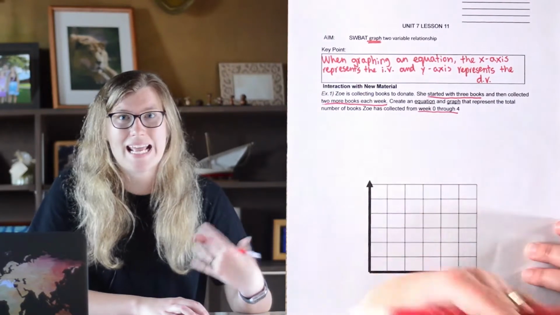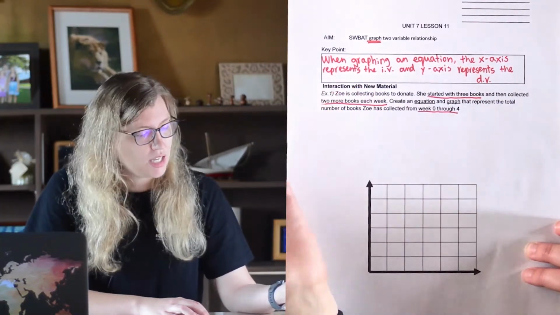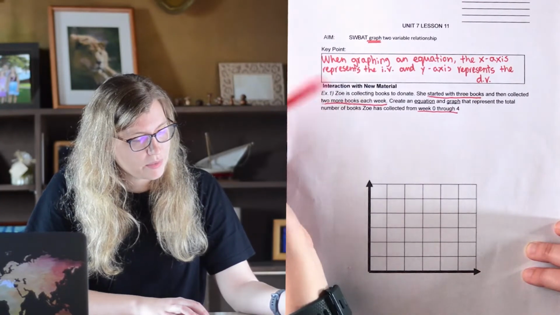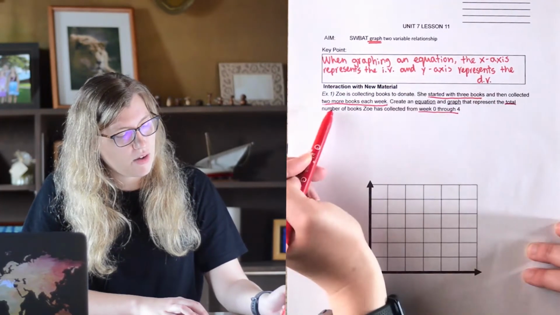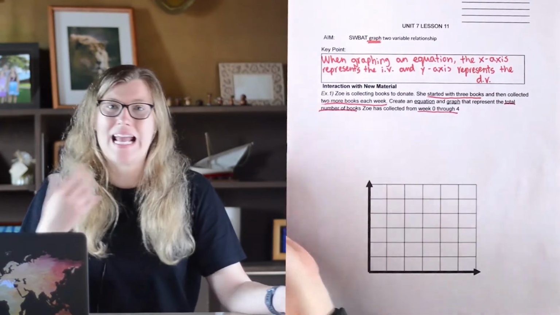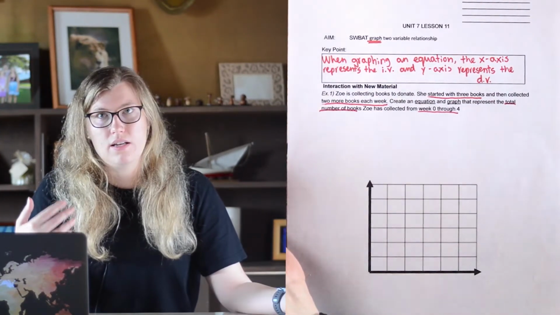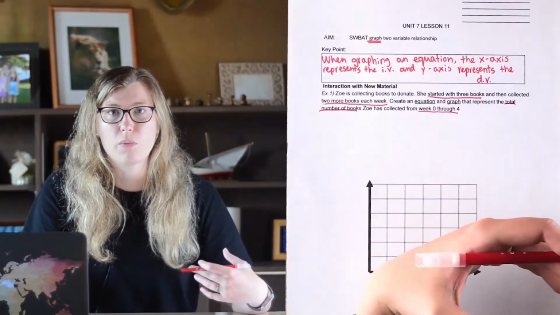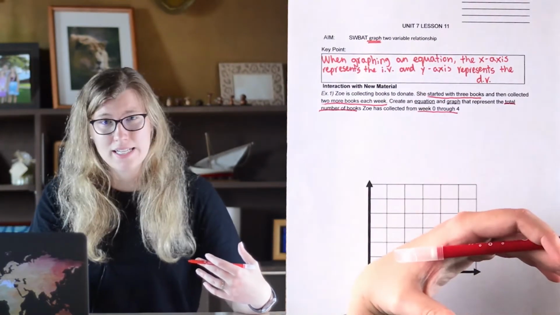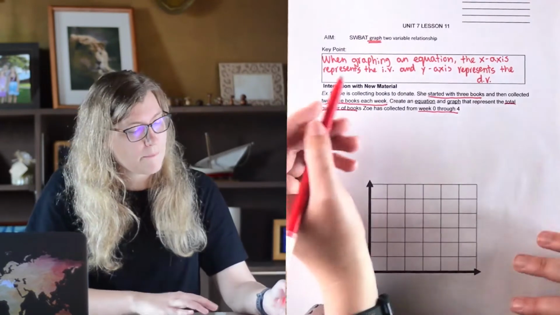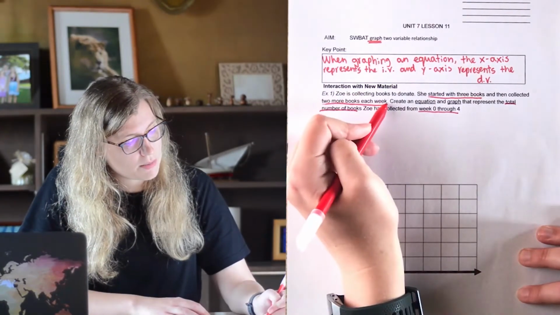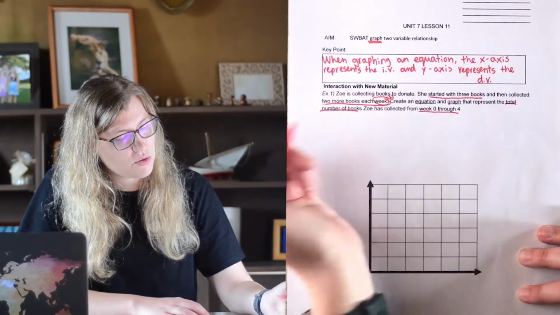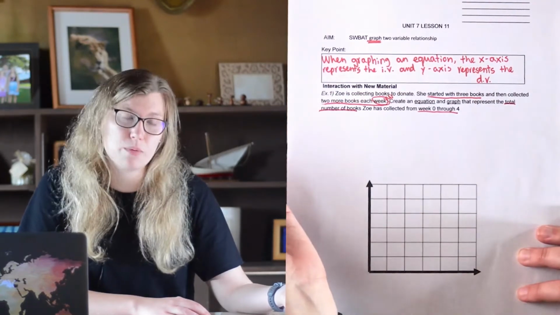First, I'm going to circle my independent one. So I have books each week, and I have total number of books. Which one would be independent? The number of weeks, the ones I get to decide, or my total books? Well, I don't really get to decide my total books. My number of weeks makes more sense. So I'm going to just circle weeks and label it W because that's my independent variable.